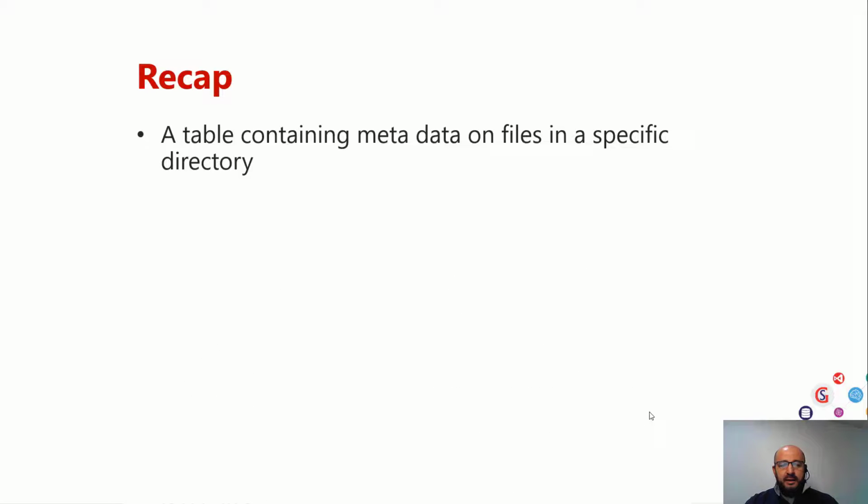And as a recap, just wanted to touch on that a file table is a table containing metadata on the files in a specific directory, as mentioned previously, and that essentially anything that's copied into that folder will be mimicked into that table, and I can see all the metadata pertaining to all the entries into that folder. It uses a share specified in the file stream.